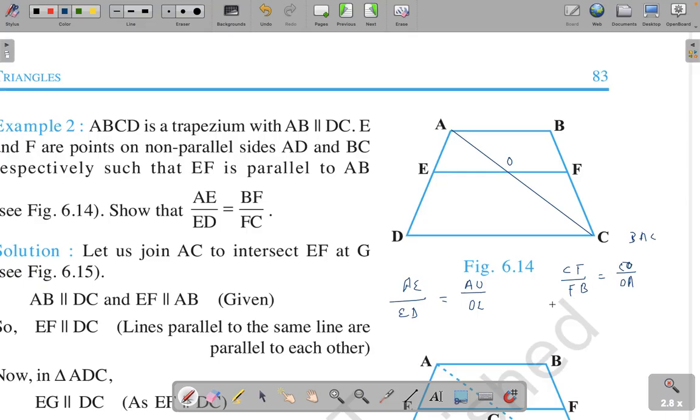So if you flip this, they'll become equal. So FB upon CF is equal to OA upon CO or OC, right?